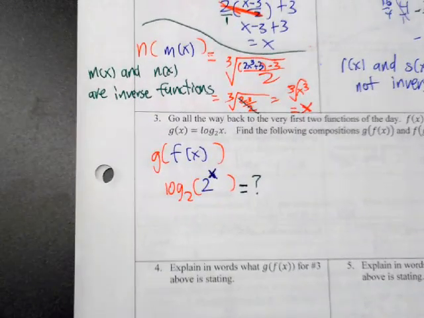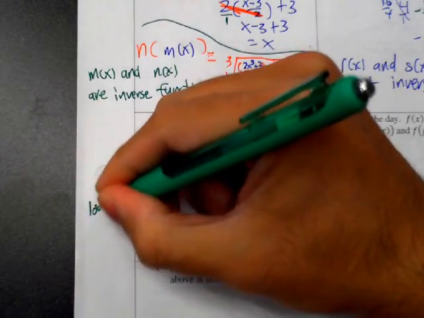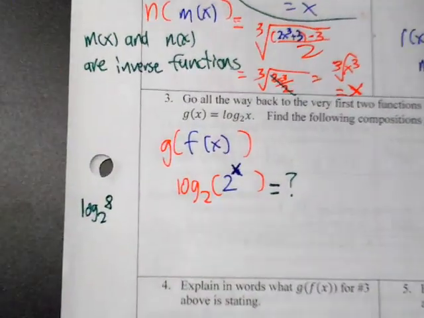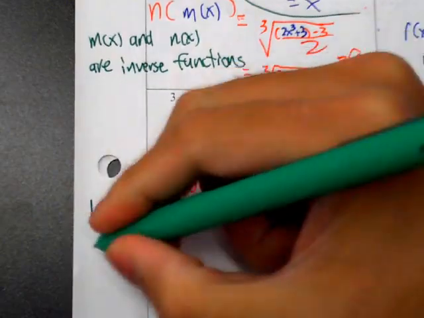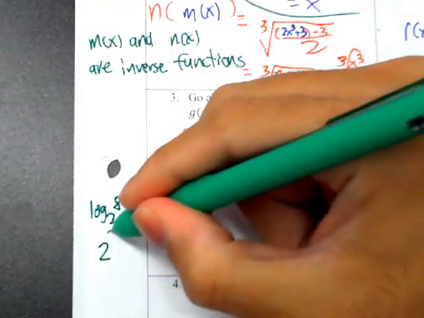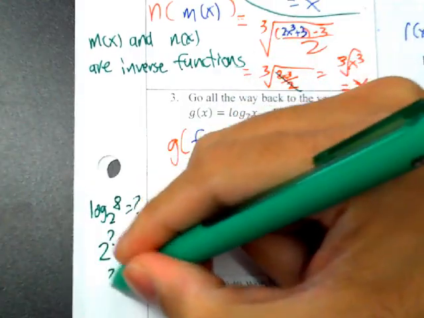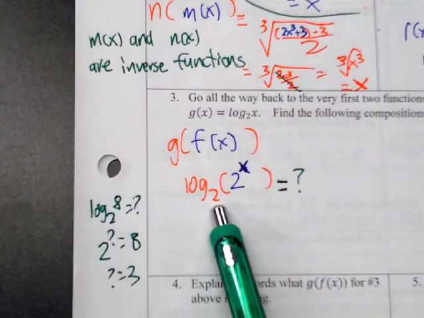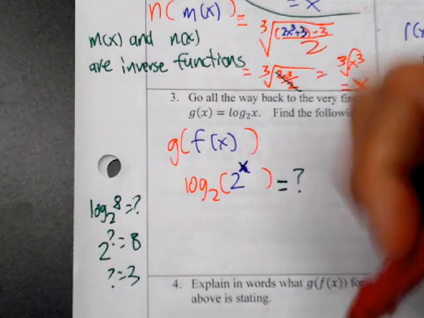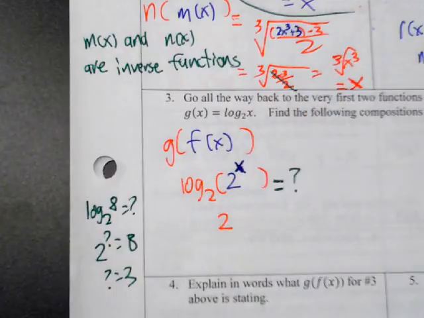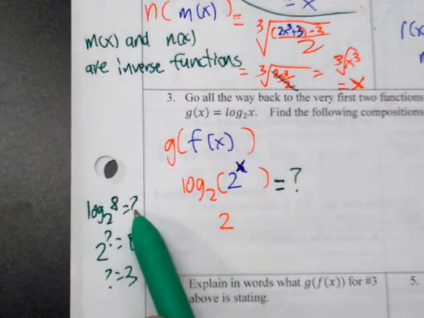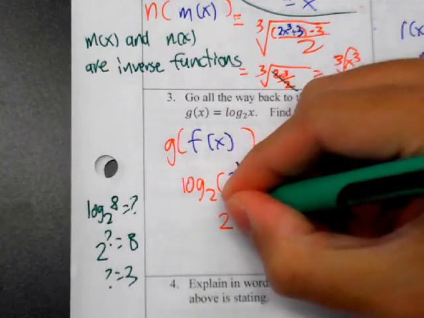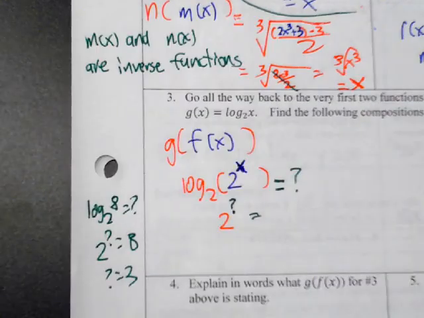Okay, so let's do that exact same thing over here. Right, so the base is the red 2, and a logarithm means we're figuring out what exponent to put on that base of 2 in order to equal the argument. Okay, so in this example, the argument was 8, so we made it equal to 8. In this example, the argument is 2 to the power of x, so we set it equal to 2 to the power of x. Okay, so when you rewrite the logarithm as an exponential equation, now it's kind of a silly question, right?